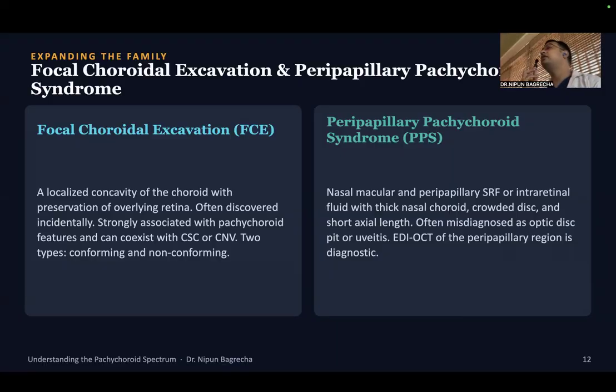So bilateral recurrent chronic CSCR not responding to anti-VEGF, there is some vitelliform material, which is very similar to our type 1 CNVM material. So always think of vitelliform maculopathy.